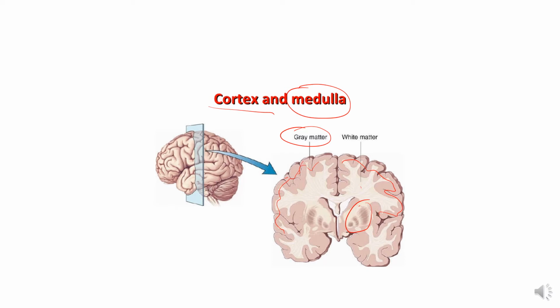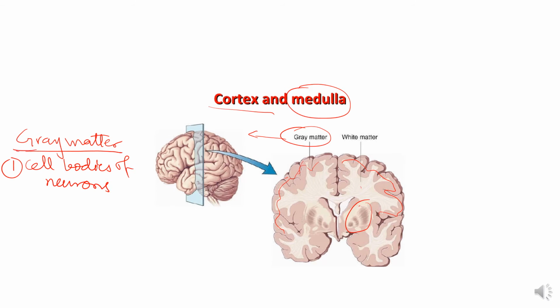Do you know what gray matter consists of? Gray matter consists of, number 1, the cell bodies of the neurons. Number 2 is the neuroglial cells, supporting cells.